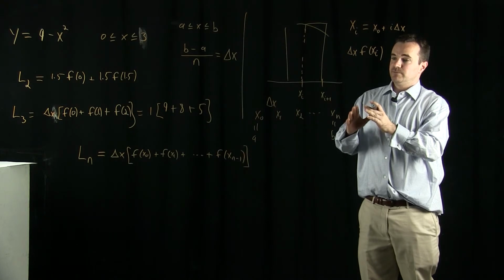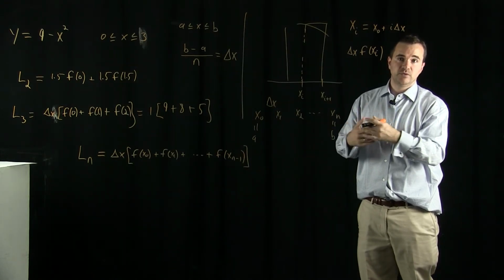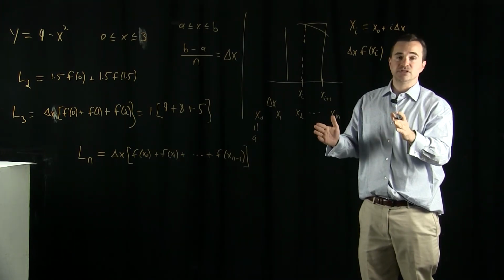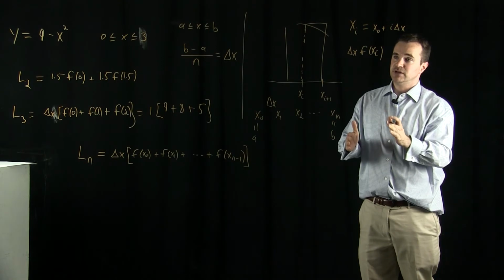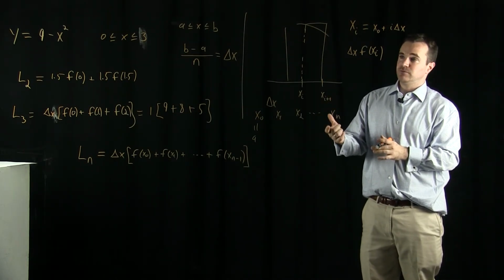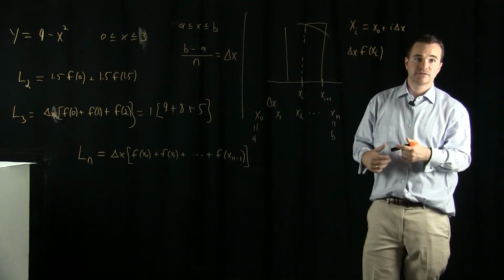You specify how many rectangles you want to use, you specify how fine you want the approximation to be, you divide up or partition your interval from a to b into n equal subintervals of width delta x, and the formula is length over n for delta x.